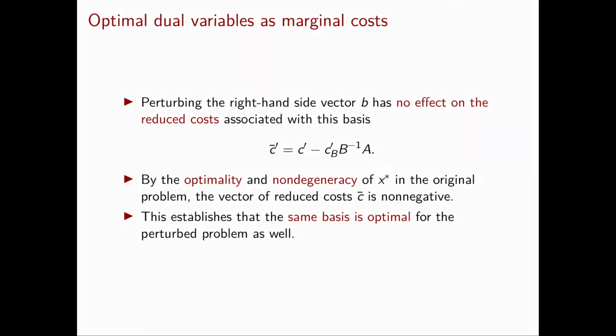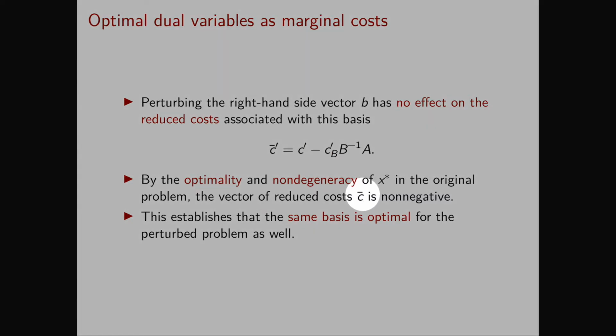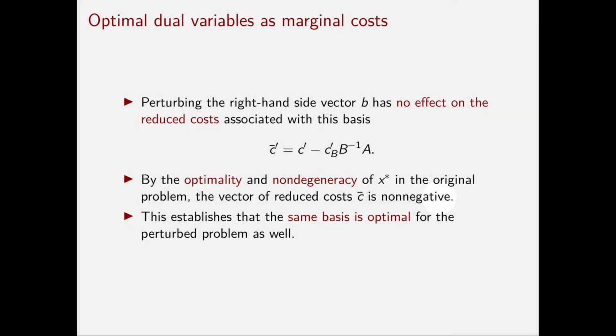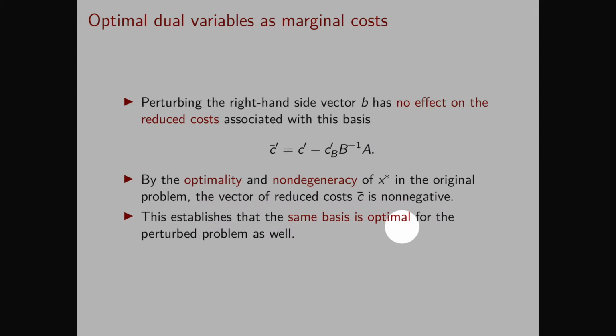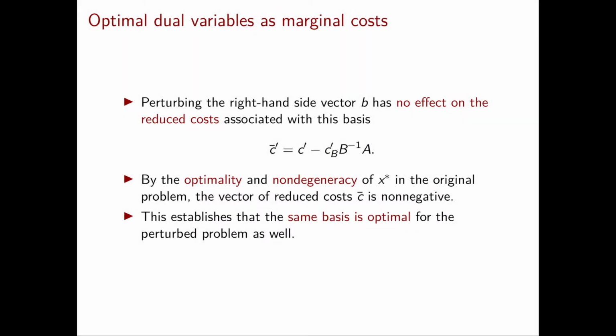Since our original optimal solution X star was optimal and non-degenerate, in the original problem the reduced costs are all non-negative. So we've understood that the reduced costs are non-negative also after the perturbation. Hence, our basis B is still optimal for the perturbed problem.